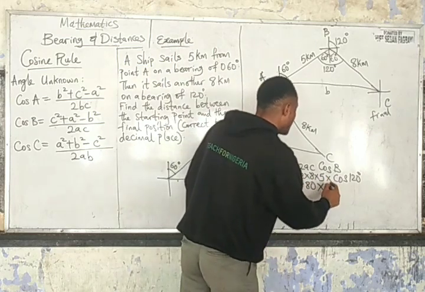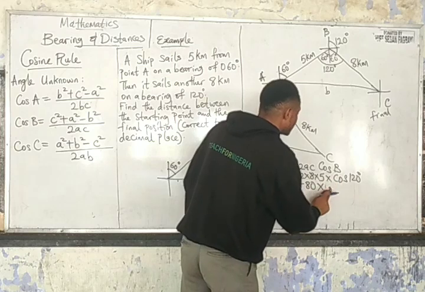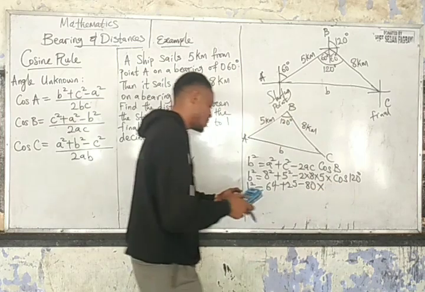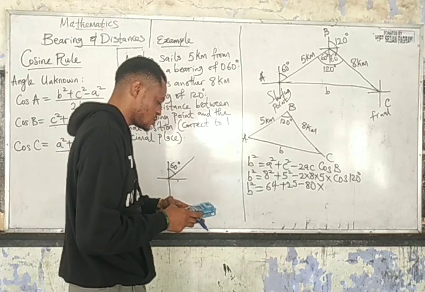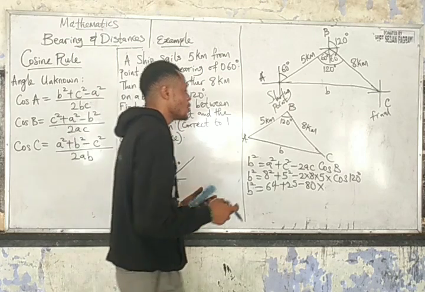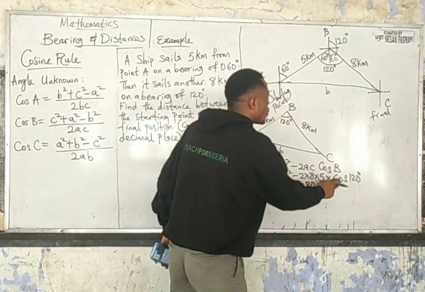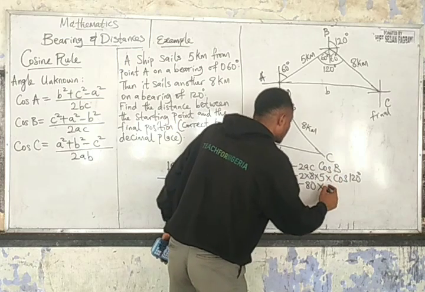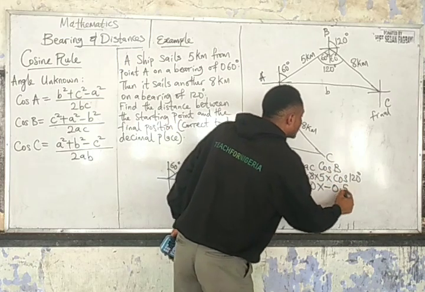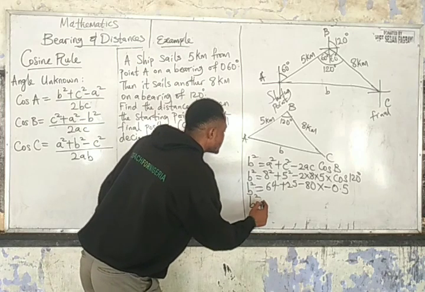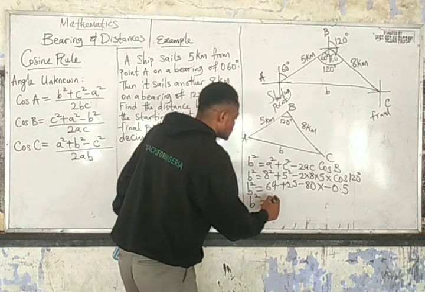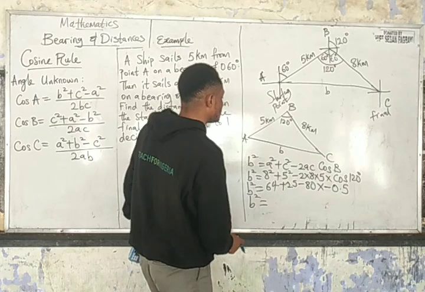Then multiply by cos 120. I don't need to write cos 120 again. Let me just punch this out. Cos 120 should be minus 0.5. So the B squared is going to give us 64 plus 25.